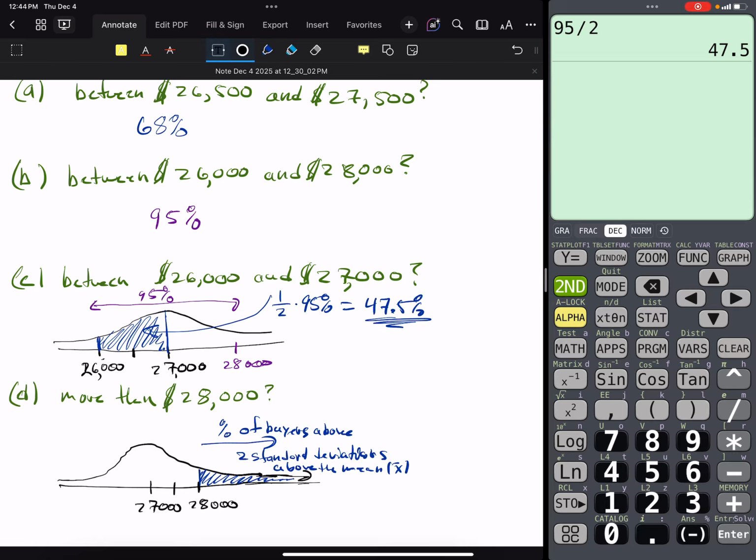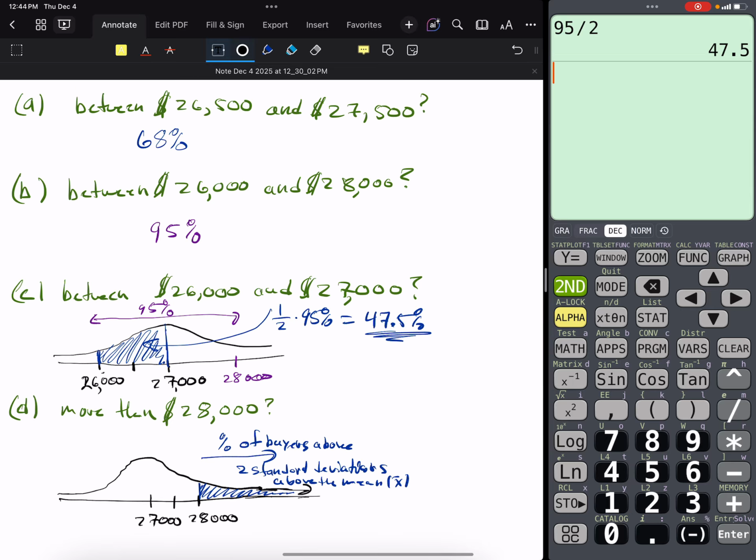I'm going to think about, oops, apparently I hit the undo button at the wrong time. I'm going to think about my, there we go, my 68, 95, 99.7 rule.